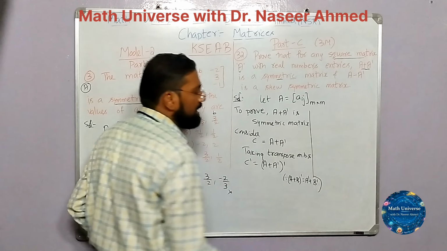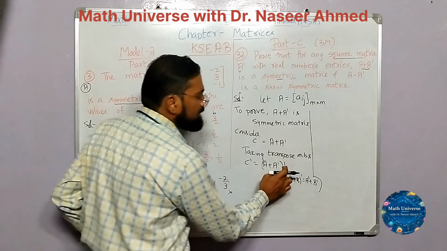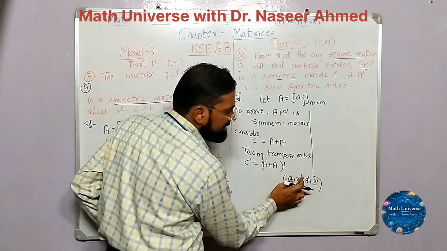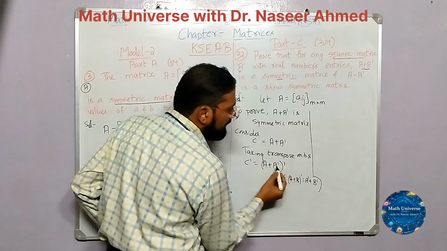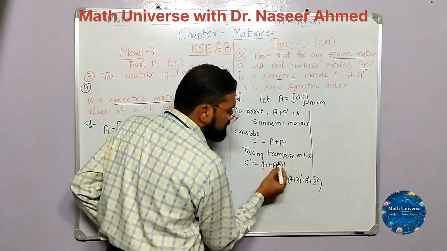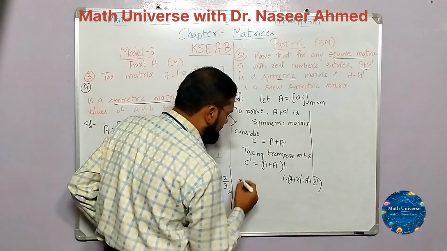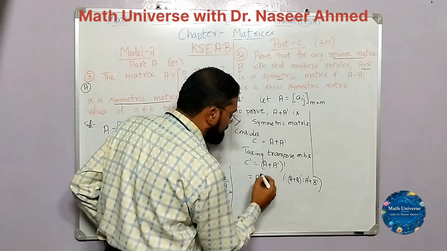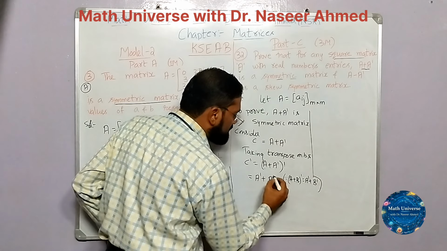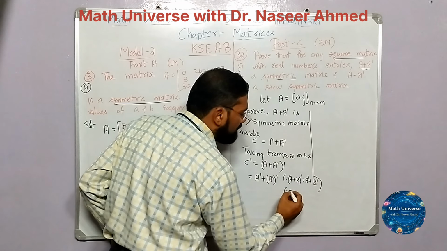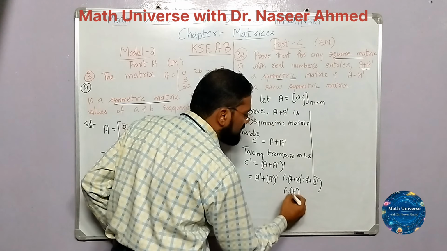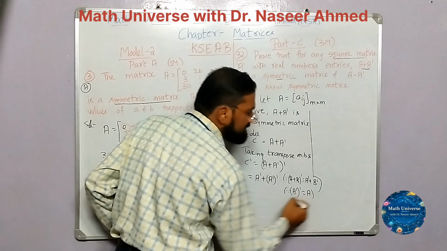So the transpose will act individually. As you can see here, first this transpose went for A and B separately. Similarly, this transpose will act on A also and A transpose also. So I am going to get A transpose plus A transpose the whole transpose. And what is A transpose the whole transpose? I will get A itself.